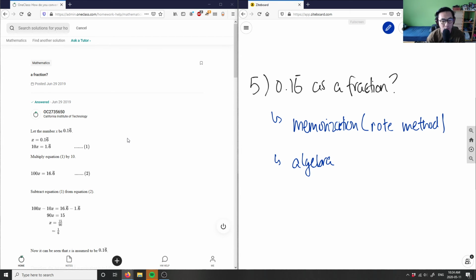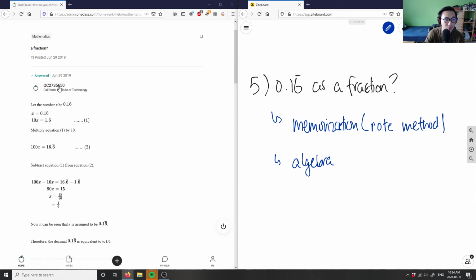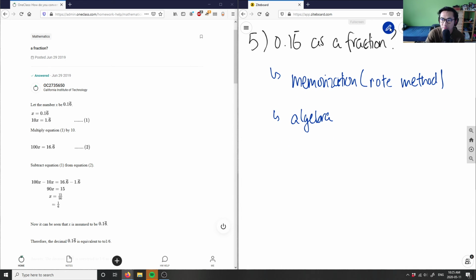Or maybe more so I'll write down what you would need to memorize for common fractions as decimals. So it says let x equal 0.16 bar, and you would multiply this equation by 10, or basically multiply both sides by 100. This is number 2.